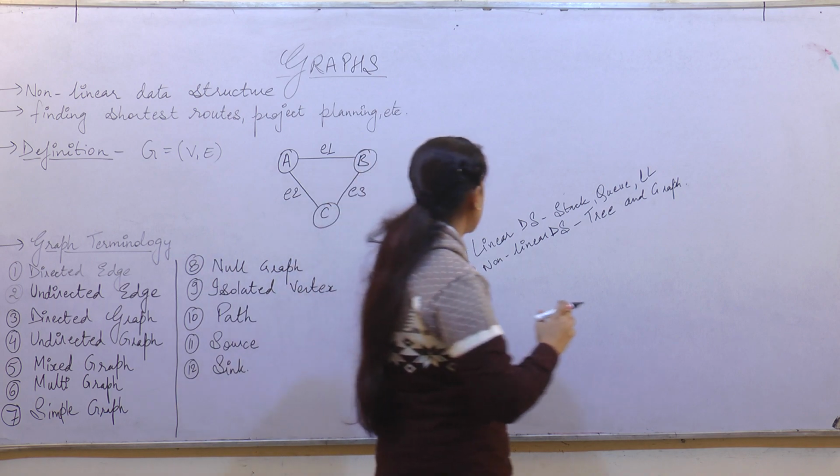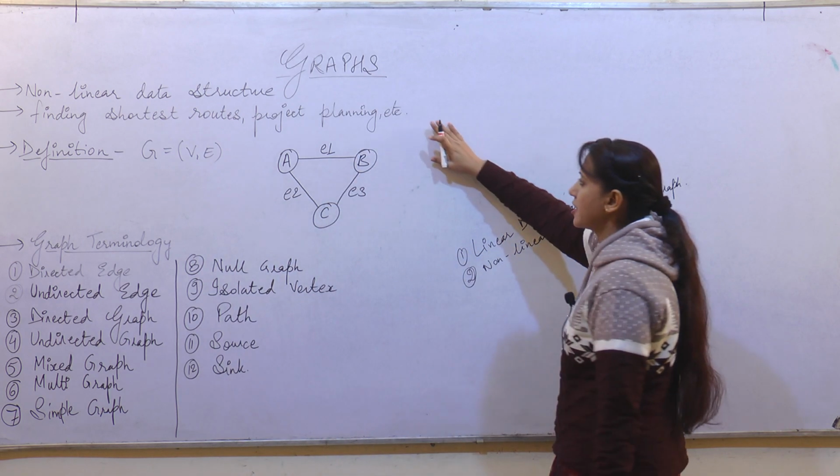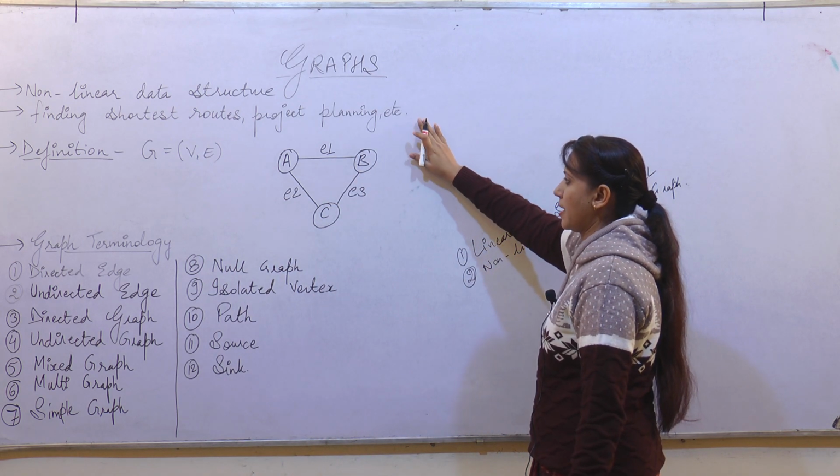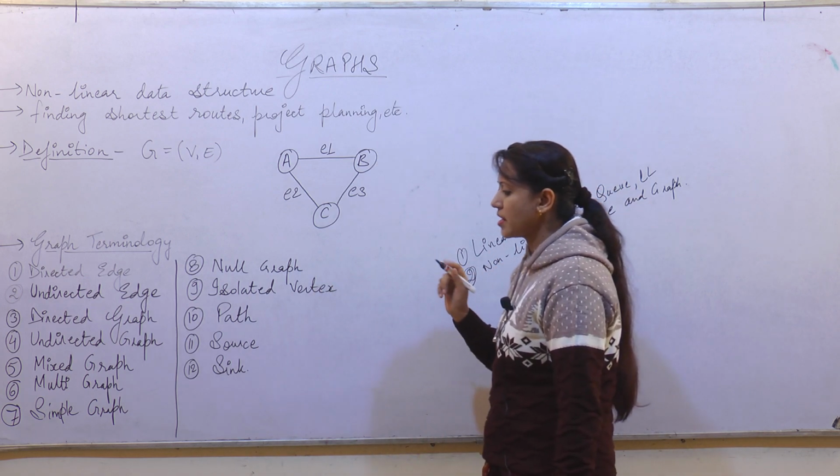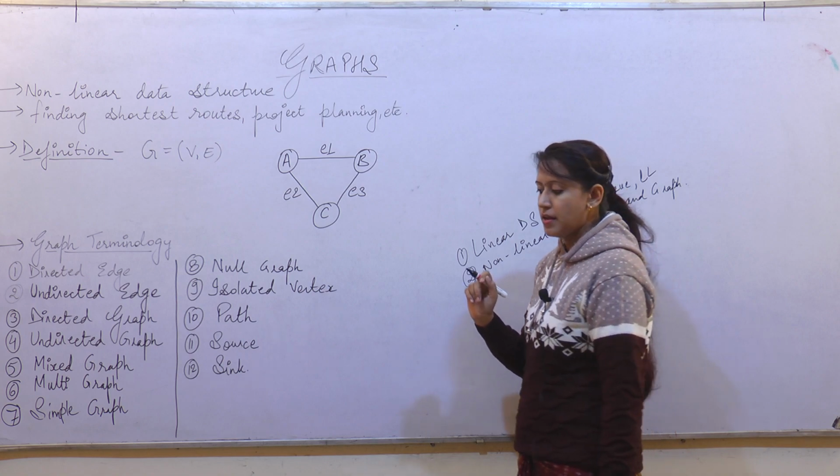So graphs are mainly used for finding shortest routes and project planning. Now this was the basic introduction of graph.